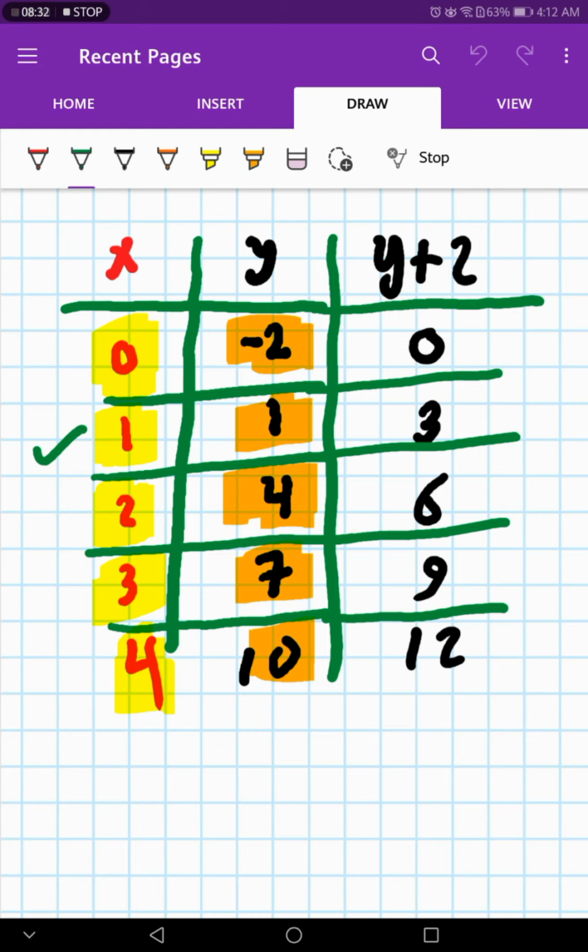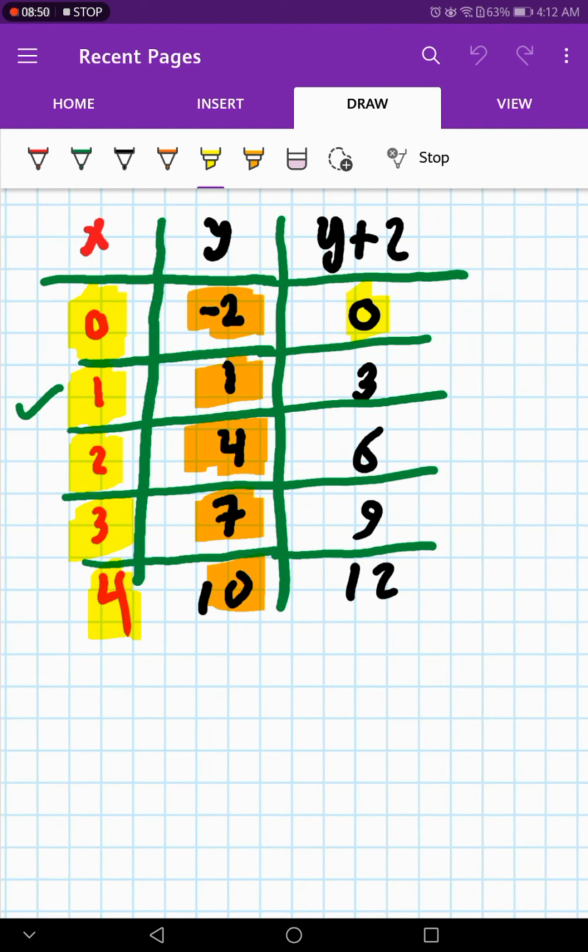Now, how does the 0 here become 0? If you multiply it by any number, you get 0, so you don't know. So how does the 1 become the 3? Actually, plus 2 or multiply by 3. So I will use multiply by 3 first. 1 multiply 3 gives me 3.